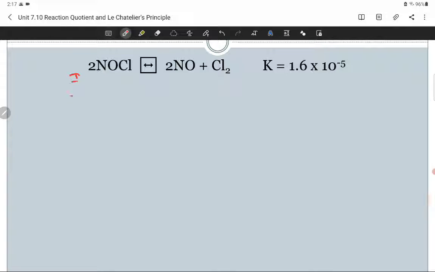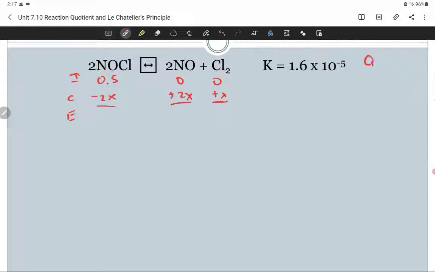So ICE table, I said we had 0.5 molar. We didn't have any products. It's got to be that way. You can't subtract from 0.